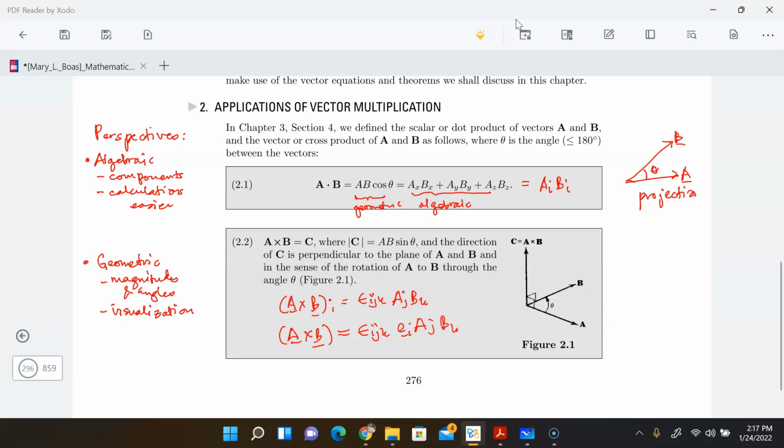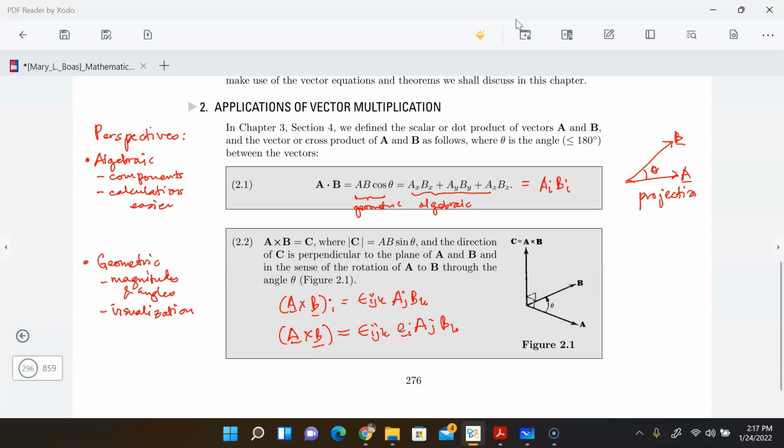So again, these are good for calculations, but to essentially see what's going on, you probably need to draw something like this. This is again telling you about the geometry. So you have your A cross B. The angle is between this A and B, but where's the direction?